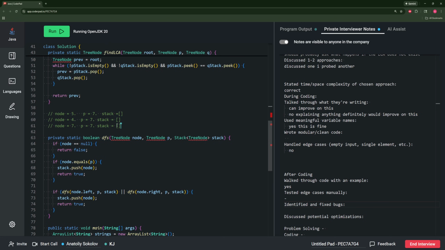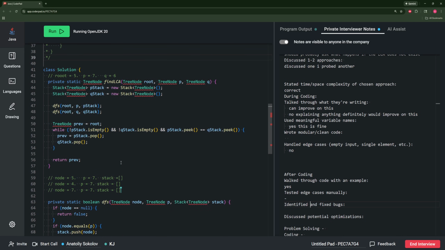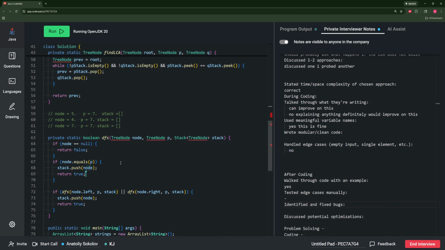Okay, now when node is 7, P is 7, we come to this case where node is equal to P. So we are adding it onto the stack and returning true.